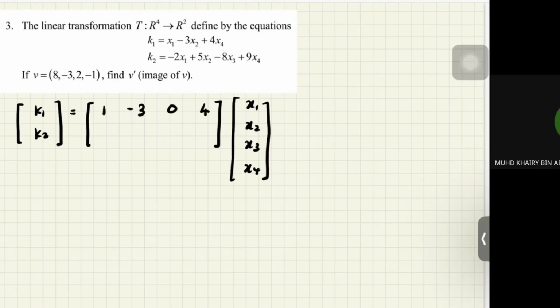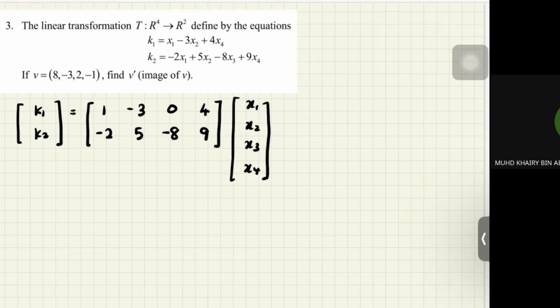And then for the second equation, the coefficients will be minus 2, 5, minus 8, and 9. Okay. So after you write in the matrix form, you can substitute the value of V.